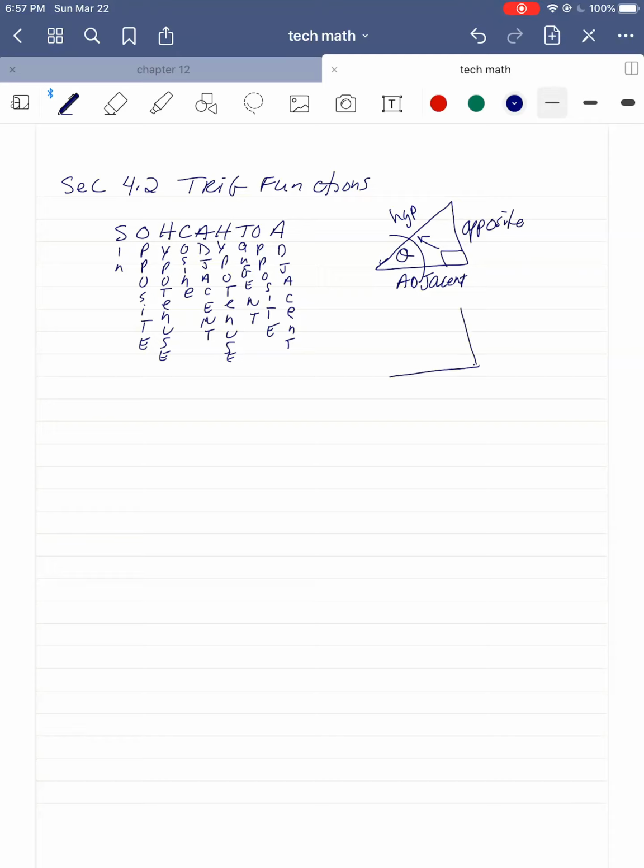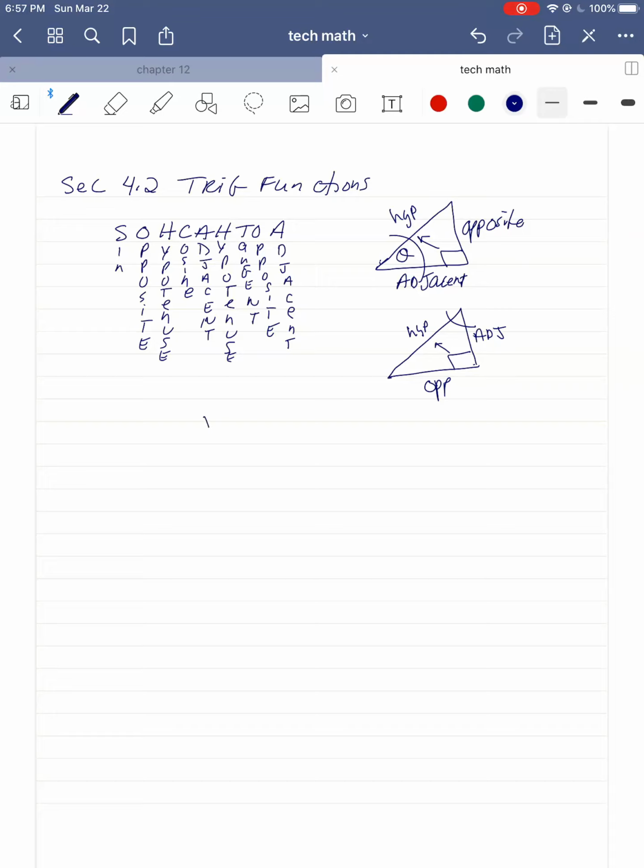If I still make the same triangle in the same pattern, the hypotenuse is still directly across. However, if my reference angle is now up here, the other side touching the angle becomes the adjacent side, and this now becomes the opposite side.